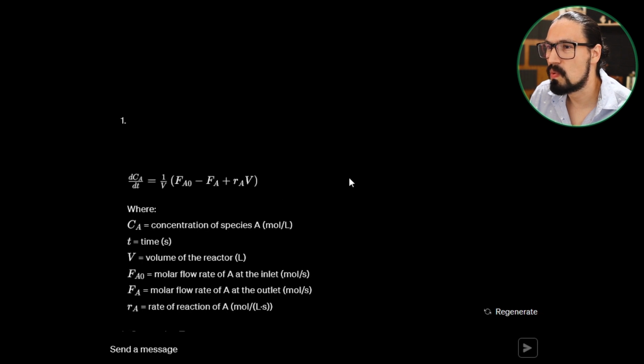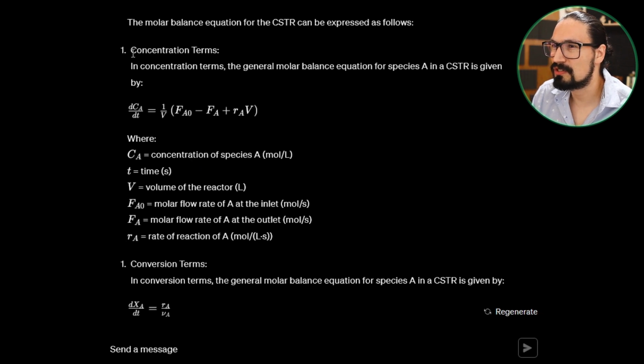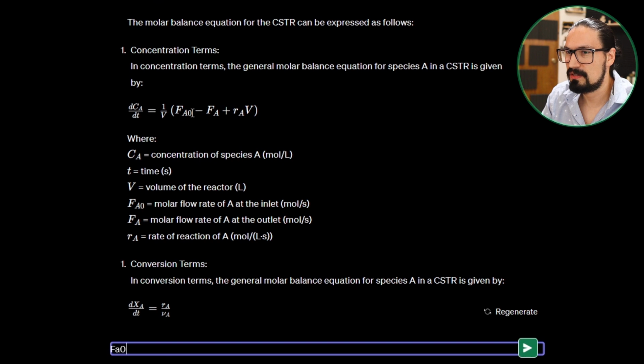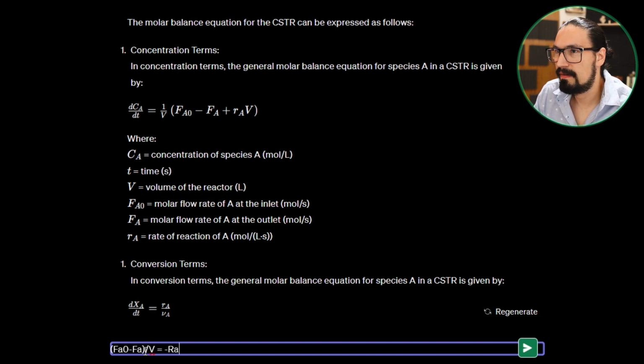Okay, so yeah, you could say that this is the concentration terms one. Since there is no change with respect to time, this will be correct. Actually, you see here, you will have FA0 minus FA equals, okay, we have something like this divided by volume, and we have this times volume.